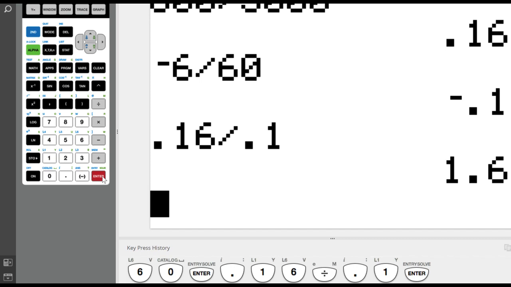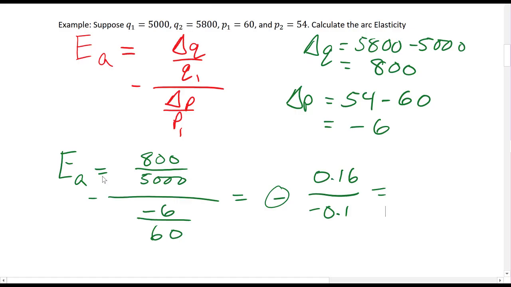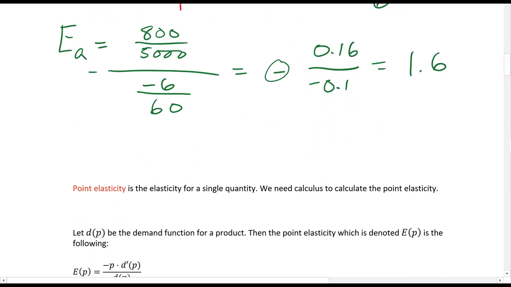And there we get 1.6. Positive 1.6. Okay, so that's your arc elasticity. Just a matter of following the formula. There's really no calculus involved with that.